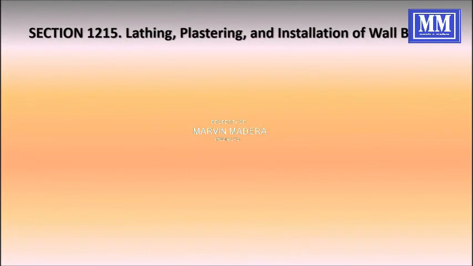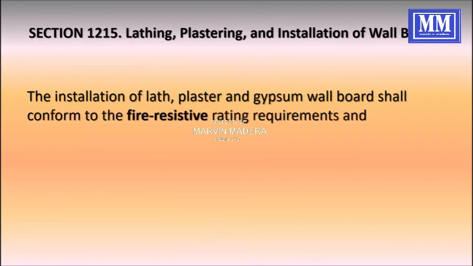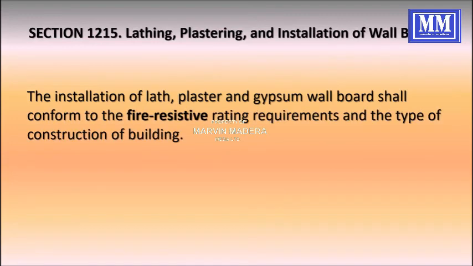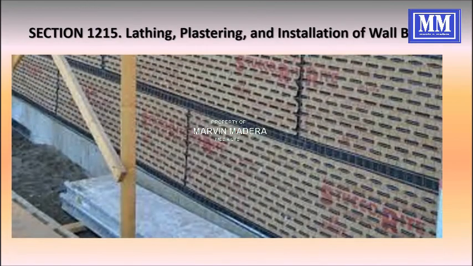Section 1215. Lathing, plastering, and installation of wall boards. The installation of lath, plaster, and gypsum wall boards shall conform with the fire resistive rating requirements of the type of construction of the building. So this kind of lathing here is an outside covering for the main wall.